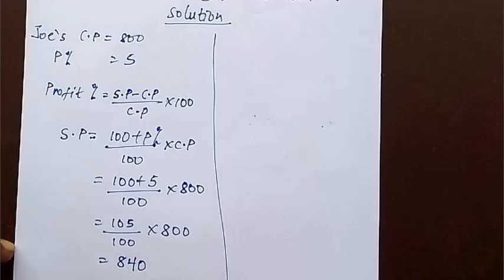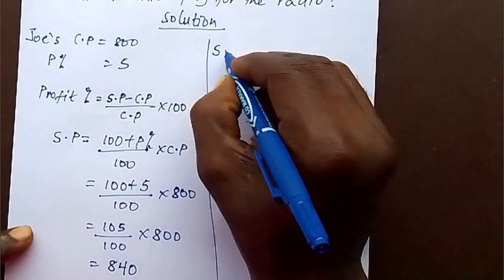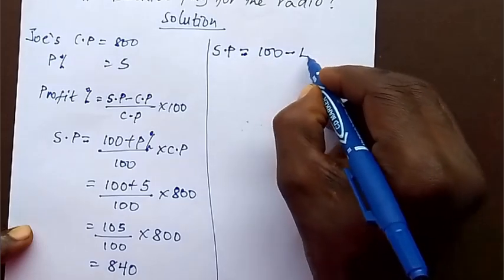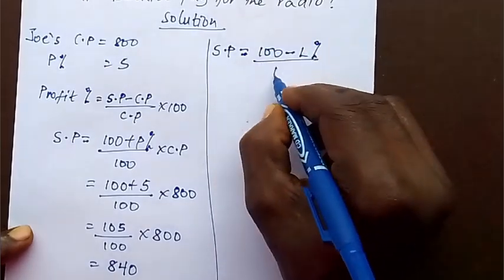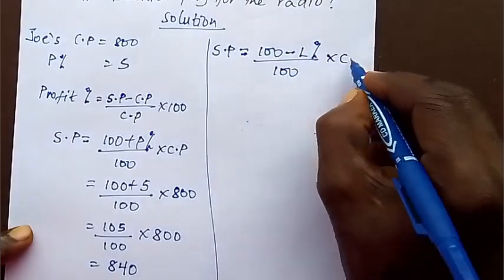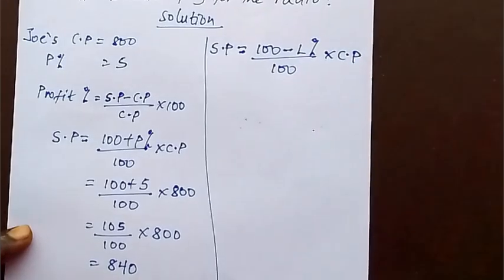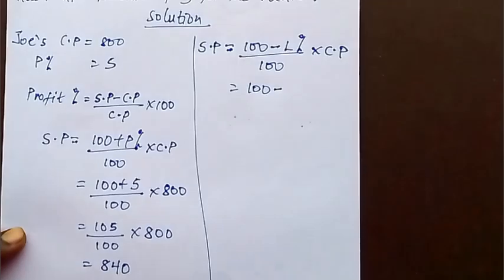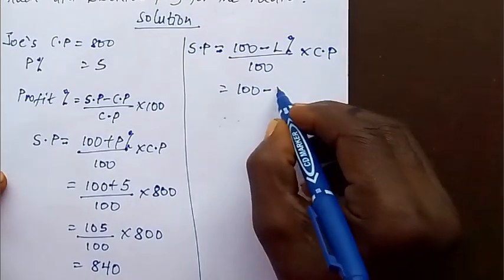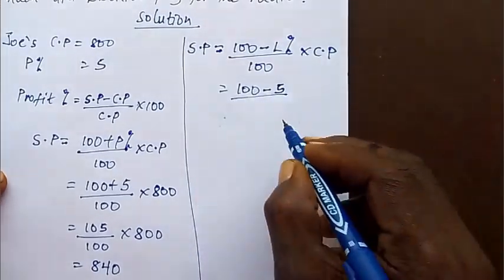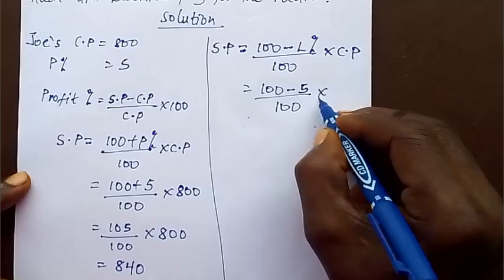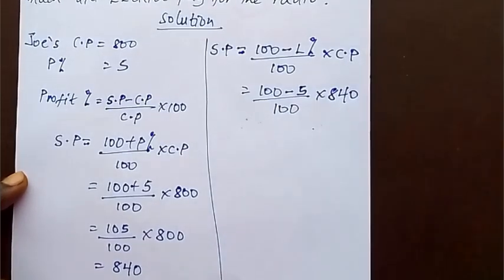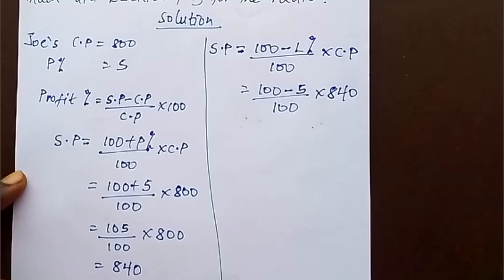From the formula, we make selling price the subject. Selling price is equal to (100 minus loss percent) all over 100 times our cost price. So (100 minus 5) all over 100 times the cost price, which is 840. That is how much Edem bought the radio for.